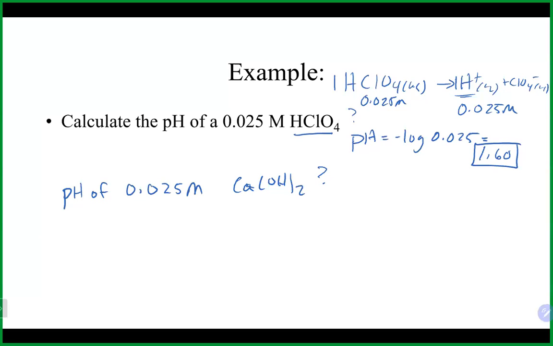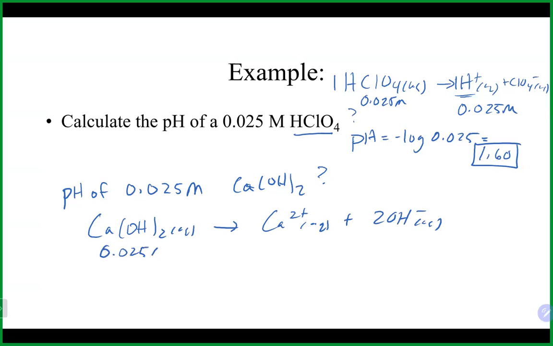Looking at the second one, which is a base, if we consider it a strong base, it will completely break apart into a calcium ion and 2 hydroxide ions in this case. This concentration is 0.025. The hydroxide is important here.